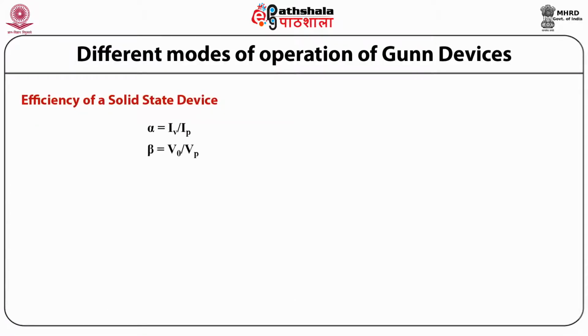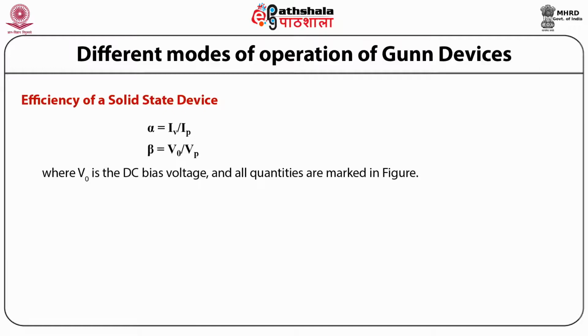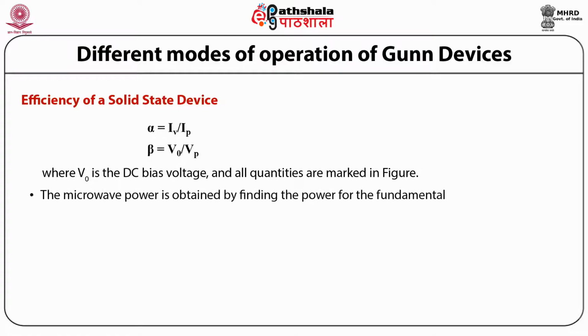Alpha equal to I_V by I_P and beta is V_0 by V_P, where V_0, V_P, I_P and I_V were all the quantities marked in the figure which has been previously discussed. So the microwave power is obtained by finding the power for the fundamental Gunn device.